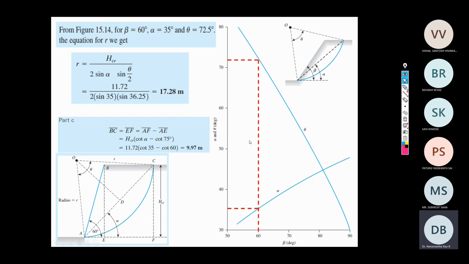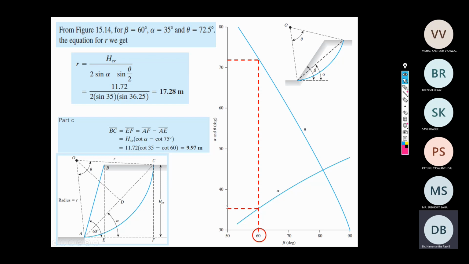So now I know the beta, that is 60 degree. Now draw a vertical line which cuts two defined lines, corresponding to alpha and corresponding to theta. If I draw a vertical line corresponding to beta of 60, it cuts the alpha predefined curve at some point, that is approximately 35.